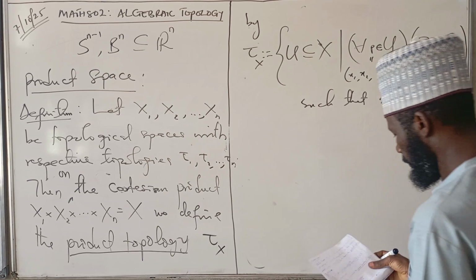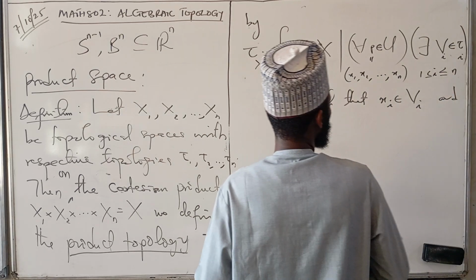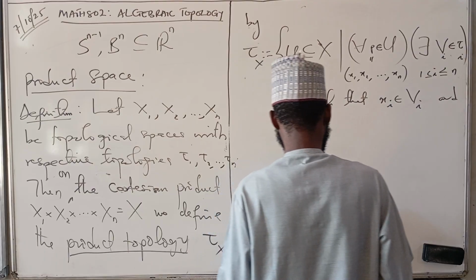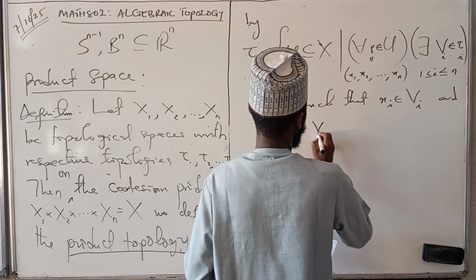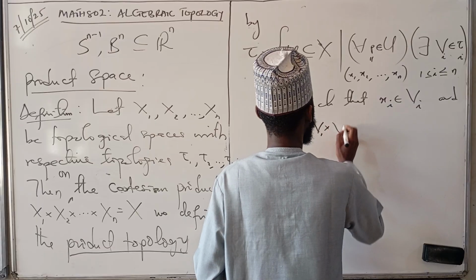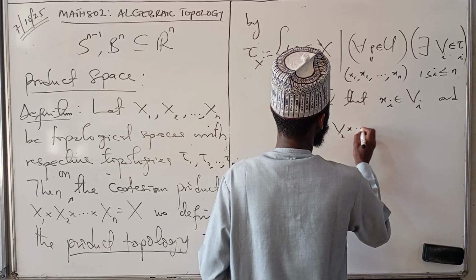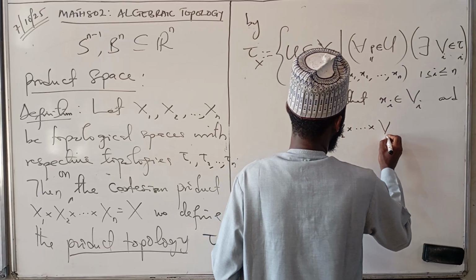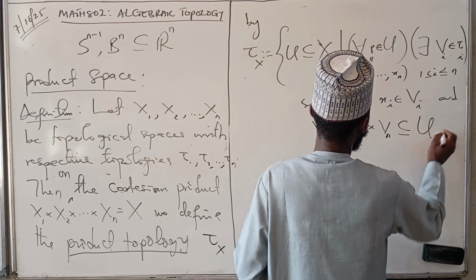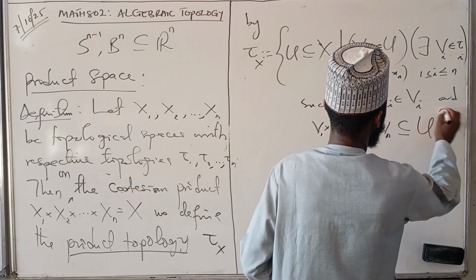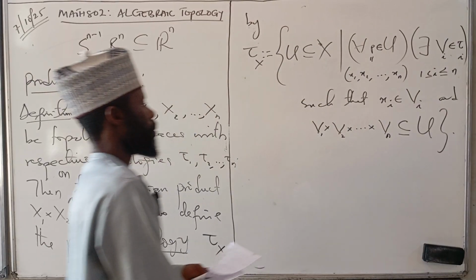And the Cartesian product V1, V2 up to Vn is inside U. Okay?